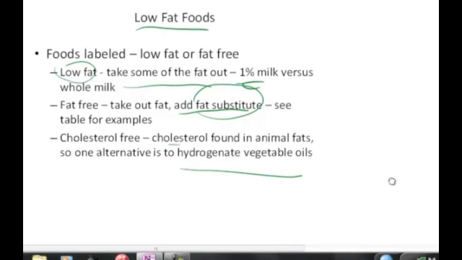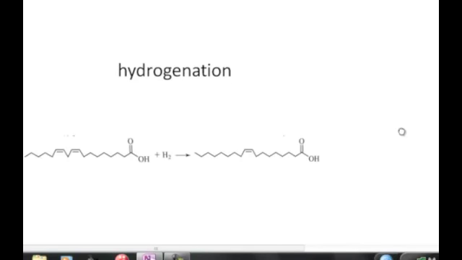Now that was all the craze 40, 50 years ago, this process of hydrogenation, where you take a fatty acid, which is typically a part of a triglyceride, an unsaturated fatty acid, and you hydrogenate it, which means you chemically combine hydrogen by an addition reaction.